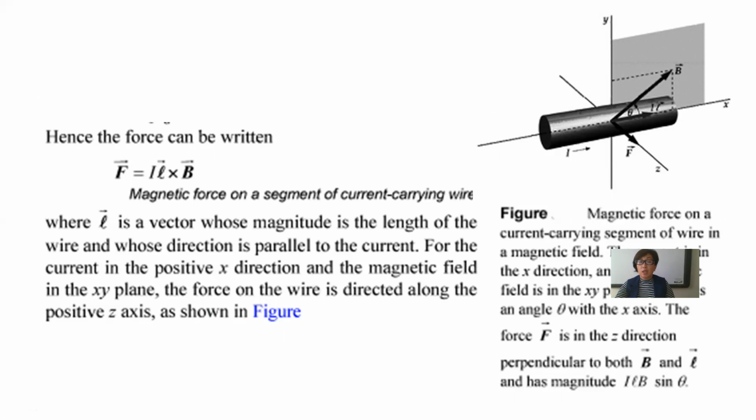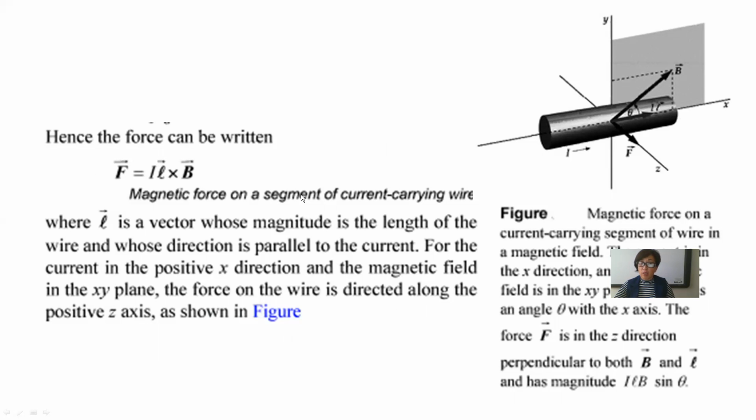For a current in the positive x direction and a magnetic field in the XY plane, the force on the wire is directed along the positive z axis, as shown in the figure.